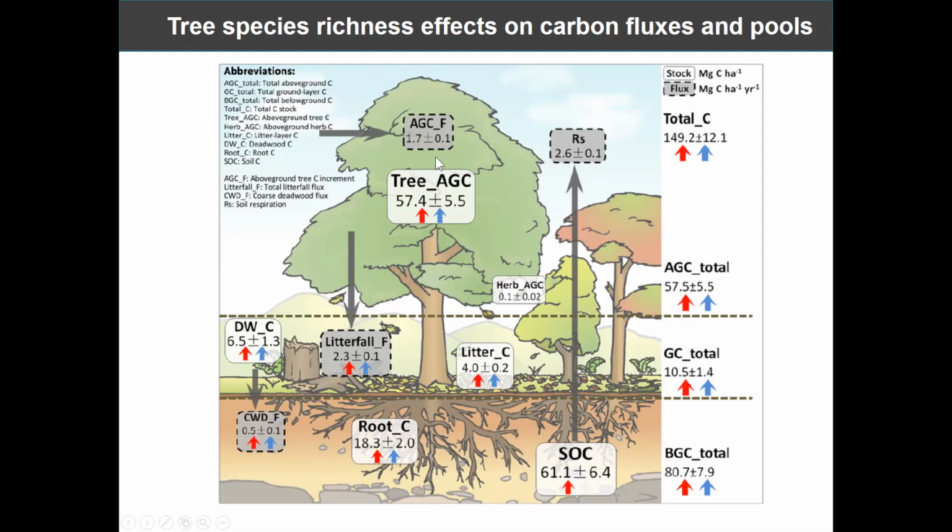This is from a chronosequence study. So you can see that in pretty much every carbon pool and flux, you find an effect of species richness. Species richness had positive effects not only in above ground carbon pools, but also in below ground pools and fluxes. But we also have an effect of stand age.